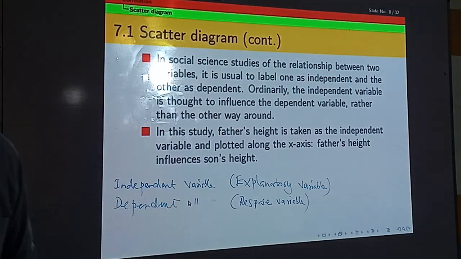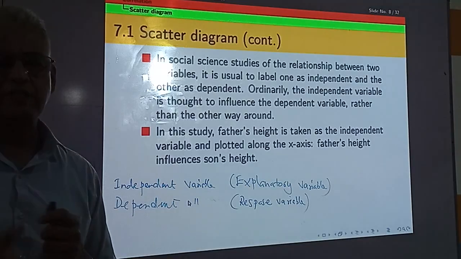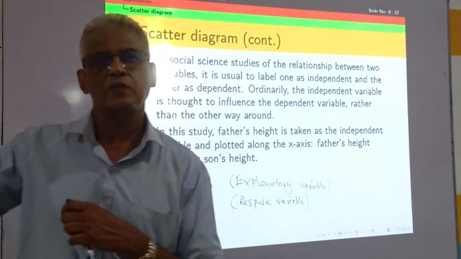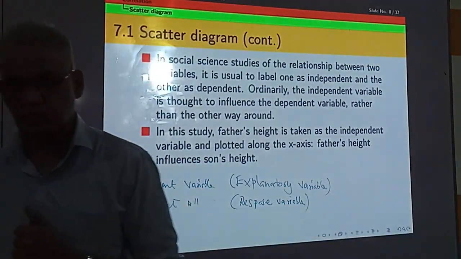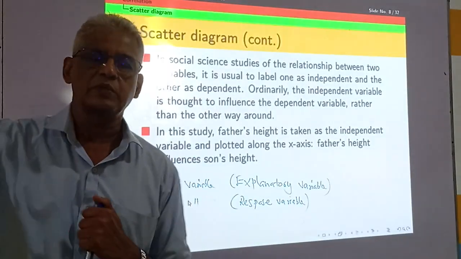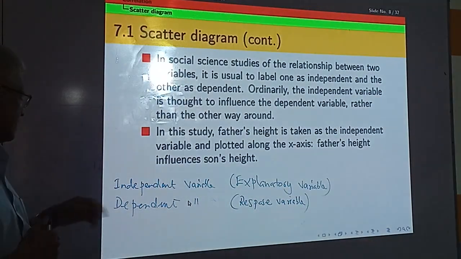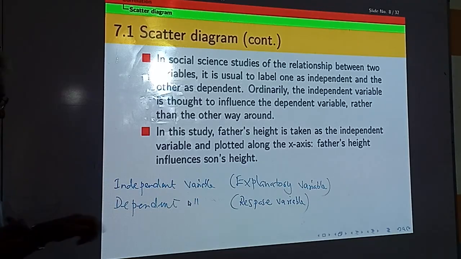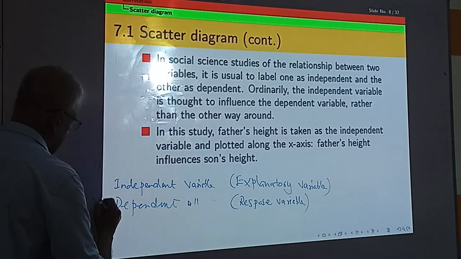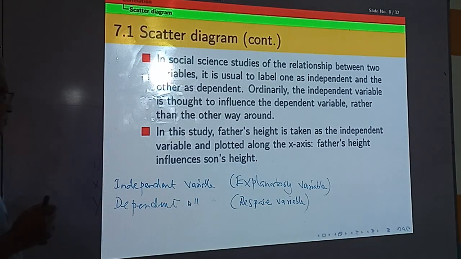The other variable is called the independent variable. So we think that the weight is depending on the height. Once you know the height, then you should be able to predict the weight. So in that case, weight is denoted by usually y, and the other one is denoted by x.